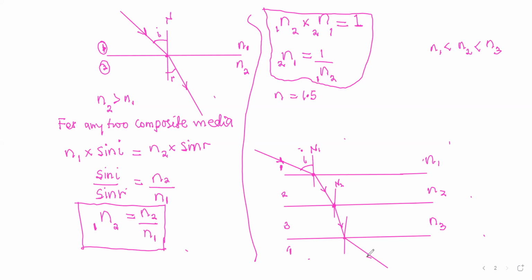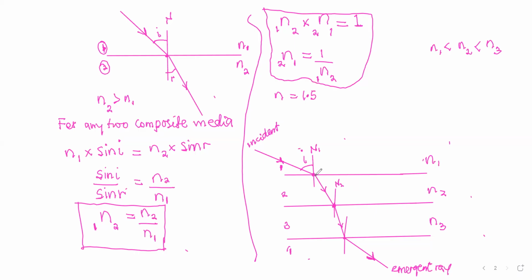We call this the emergent ray, the ray emerging from the media. So this is the incident ray, the rays within the media are refracted, and this is the emergent ray.